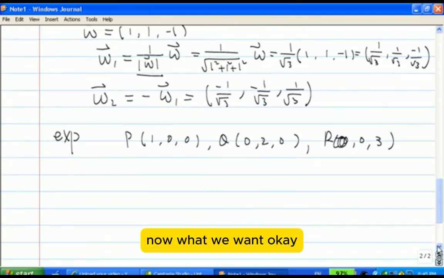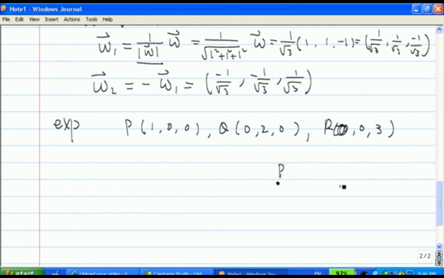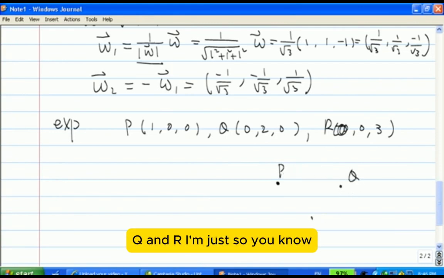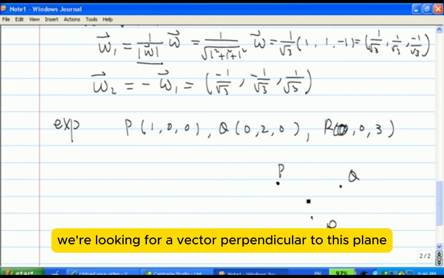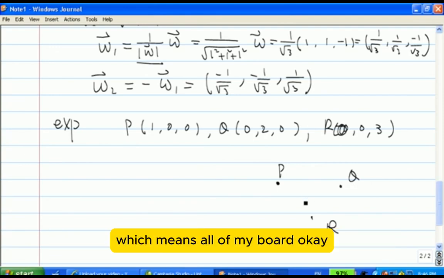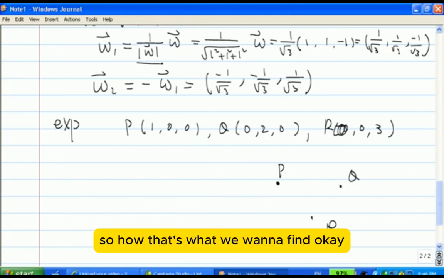Now, what we want, as you know, 3 points uniquely determine a plane. Say P, Q, and R. So you know those 3 points uniquely determine a plane. Now we're looking for a vector perpendicular to this plane, which means out of my board. So that's what we want to find.